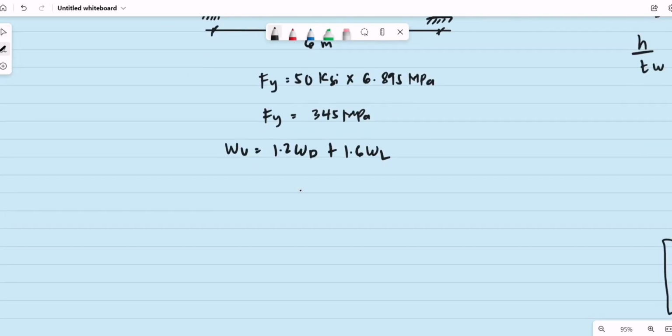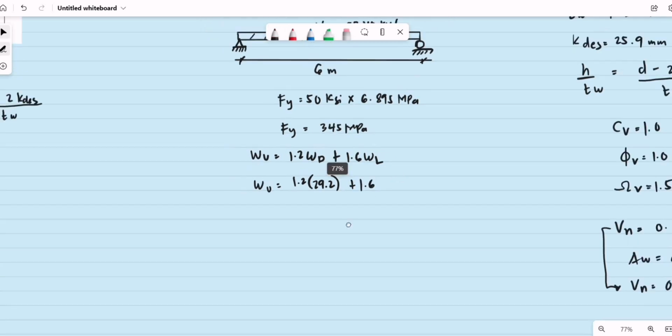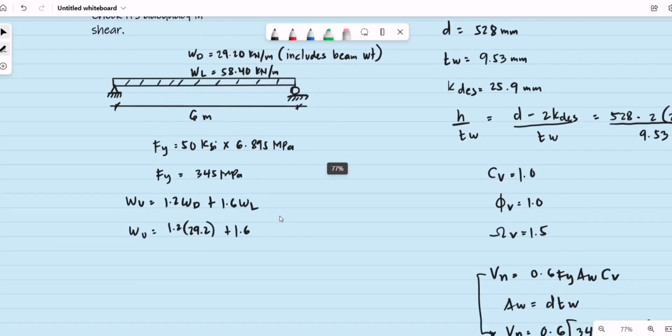So we're having the value of the W sub U, or omega sub U, equal to 1.2 of 29.2 kilonewtons per meter, plus 1.6 of 58.4 kilonewtons.